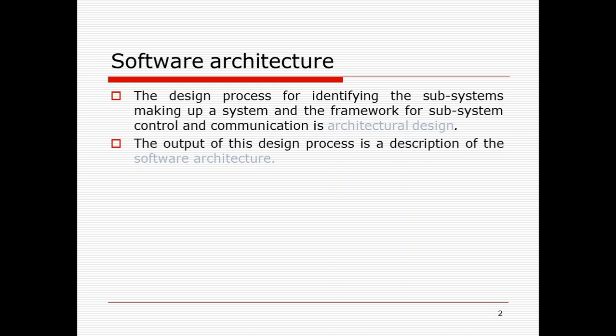So that comes as the output of the architectural design process. We can call this output simply the software architecture, or the description of the software architecture, that is the architectural model.